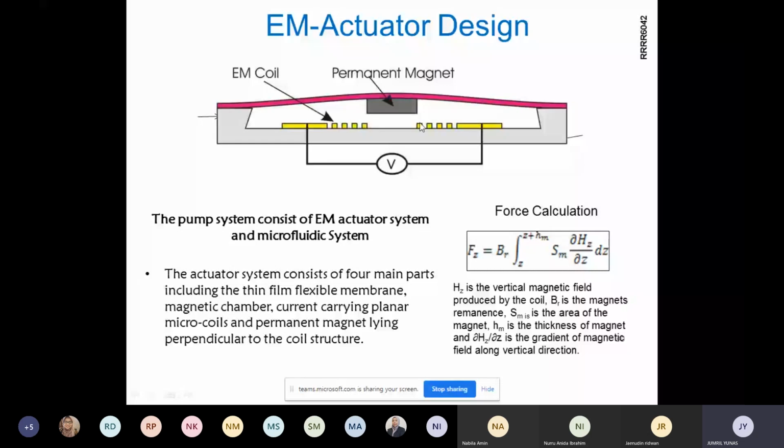So if we put voltage here, it will create a magnetic flux, which then interacts with the magnet and generates a magnetic force that is able to push and pull the membrane.